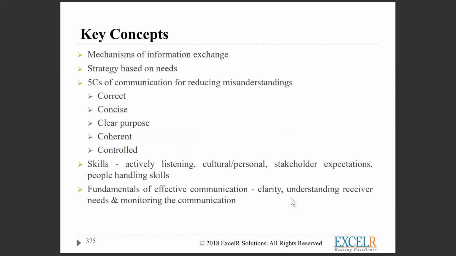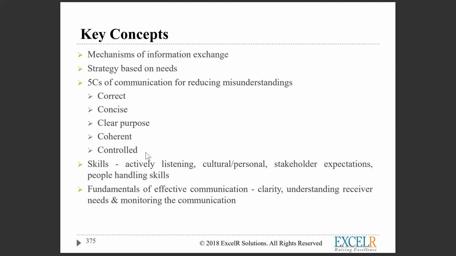We have already covered the 5 Cs, the key concept of the 5 Cs. Your communication should be correct, concise, to the point, clear. It should be right, coherent, and then controlled.